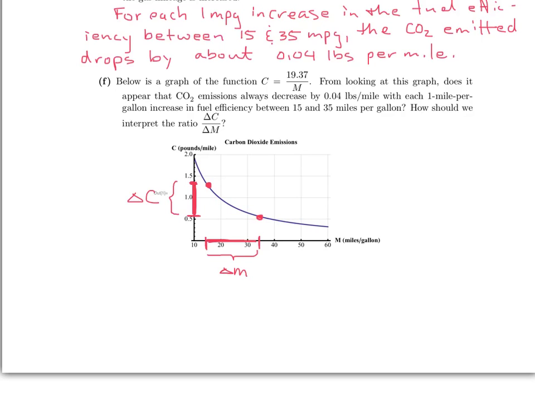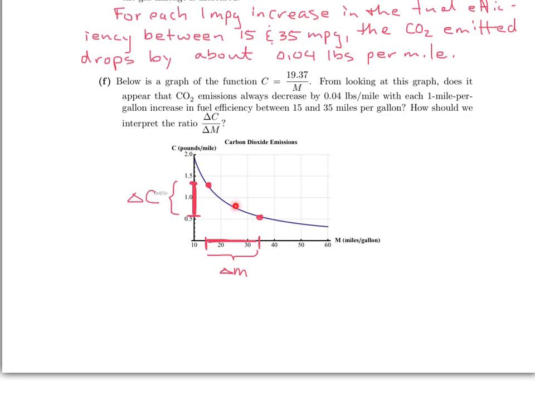To indicate this further, notice if I start at this point right here, if I increase my fuel efficiency by 1 mile per gallon, and that means I move 1 unit to the right, the sentence above says I should drop the emissions by about 0.04 pounds per mile, or on the graph 0.04 units. So if I went this direction by 1 unit, then I should fall by 0.04 units.